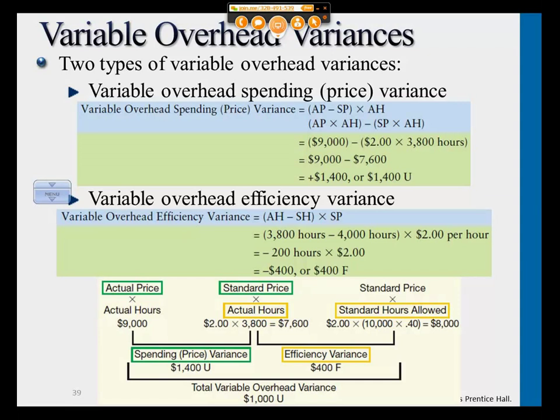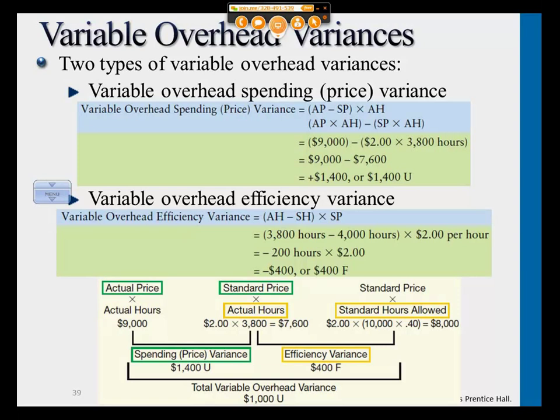So my standard price and actual hours multiplied minus standard price and standard hours allowed is how I calculate the efficiency variance. And then my total variable overhead variance is the difference between the spending or price variance and the efficiency variance. So why is my variable overhead variance unfavorable when we're comparing spending and efficiency variances?